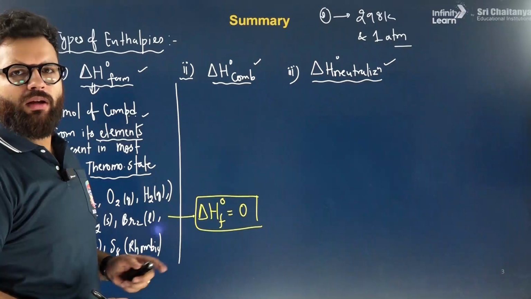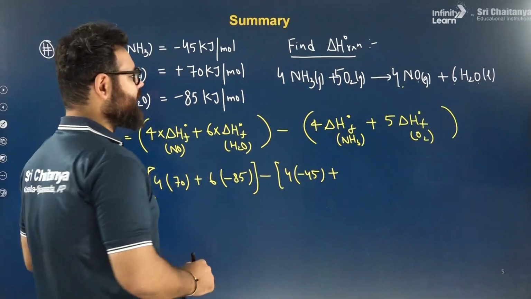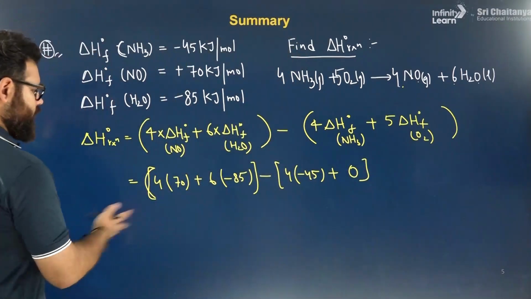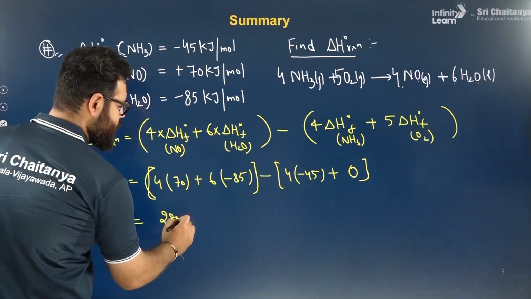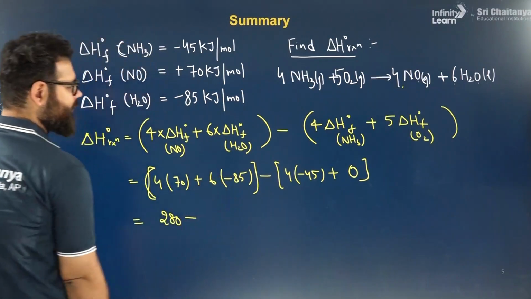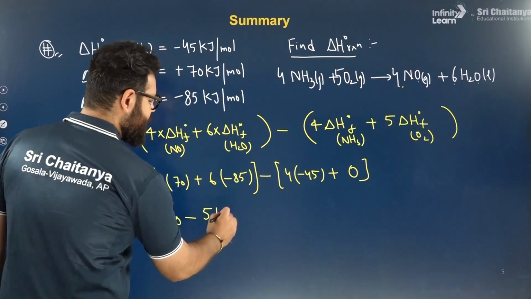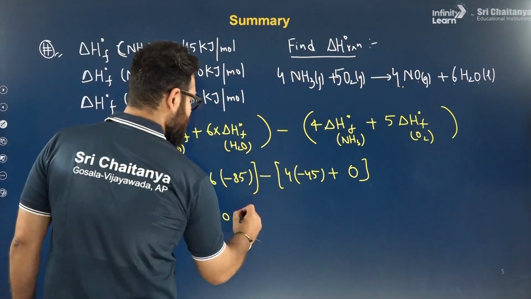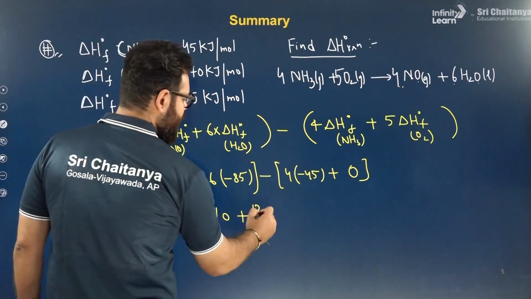It is 0, because it is a stable state already. So 5 times 0. You can put in the values and solve. It is going to be 280 kilojoule from here, minus 85 into 6 times, which will be 510. If you check, 510 minus, minus plus 4 times 45, which is going to be 180.